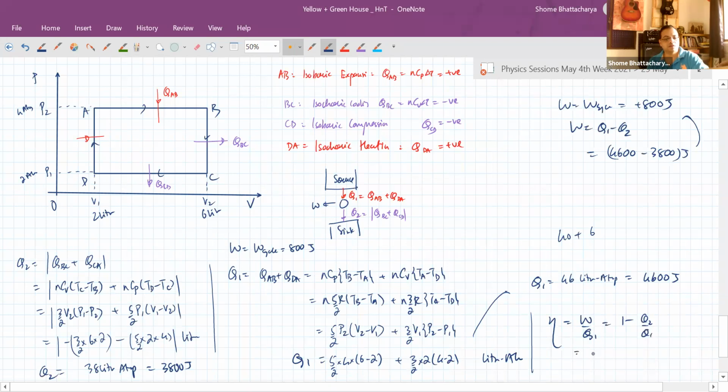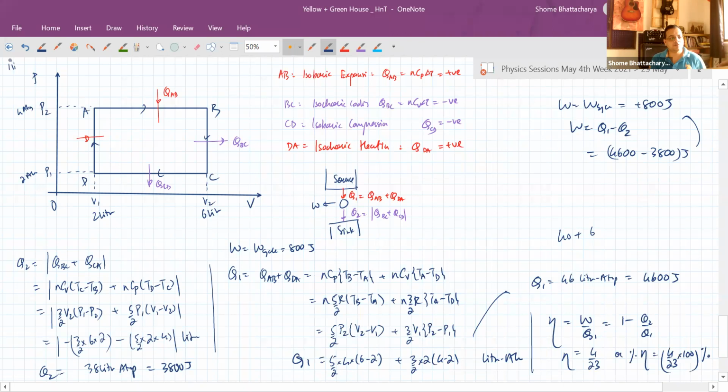So that will come out to be 8 by 46, right? So that is 4 by 23. The percentage efficiency is 4 by 23 into 100. So this is the efficiency of the heat engine.